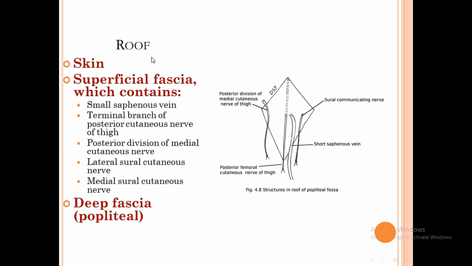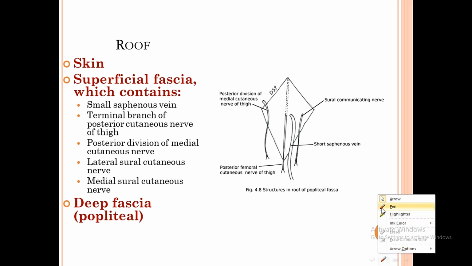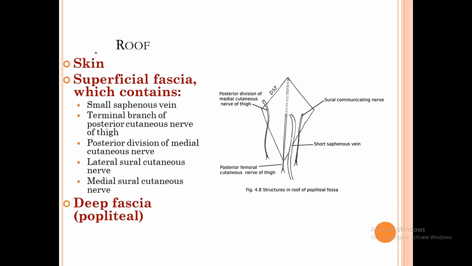So coming to the roof, as we see in most fossae at different anatomical places, the first structure you face, if we go to a dissected cadaver or during dissection of the human body, is skin.